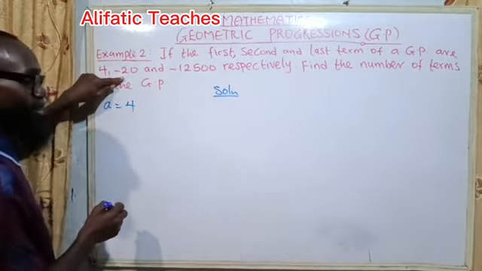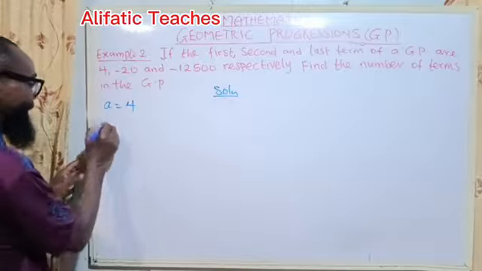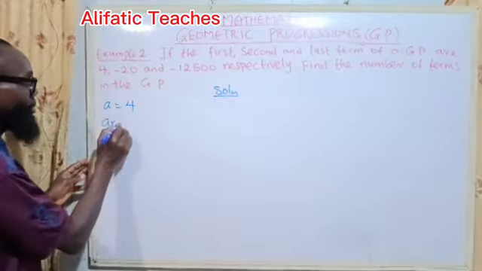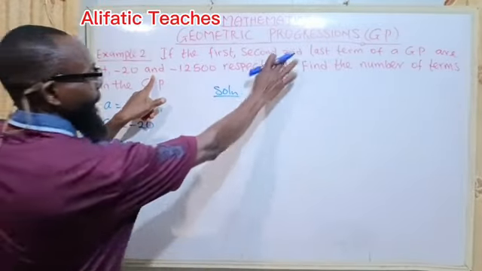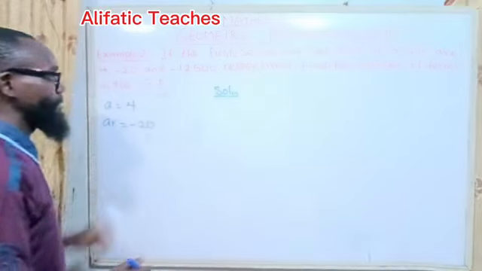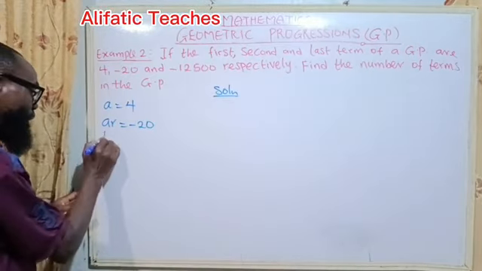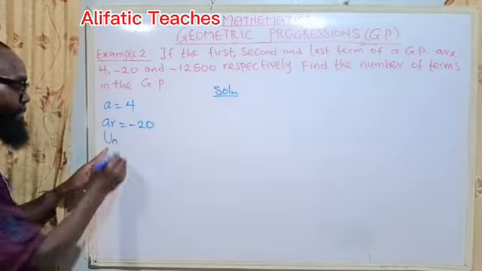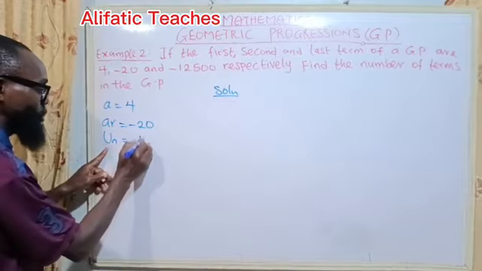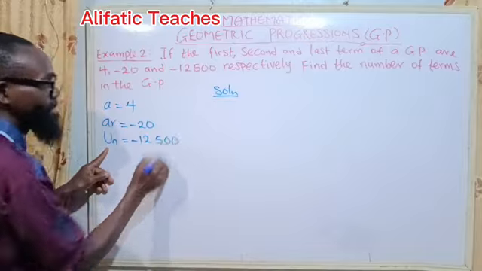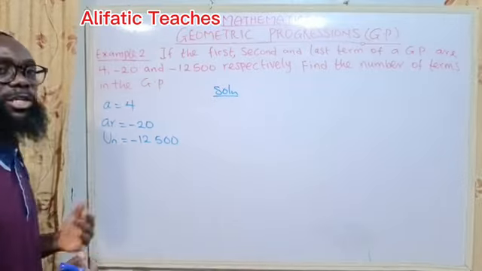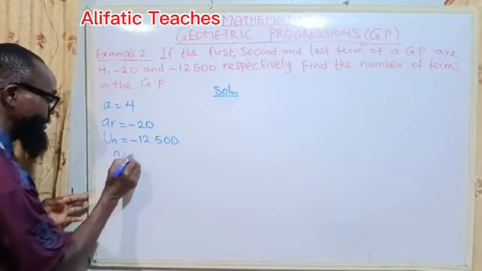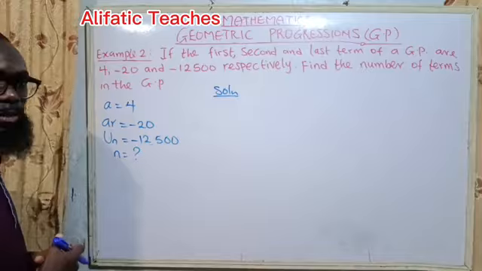My second term, don't forget, is ar, which equals minus 20. And our last term, un, which means last term, equals minus 12,500. Find the number of terms in the GP. Number of terms means find your n.